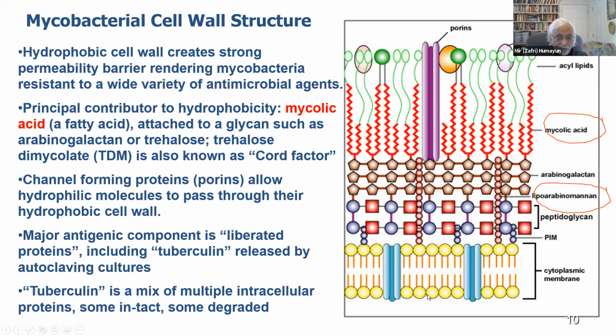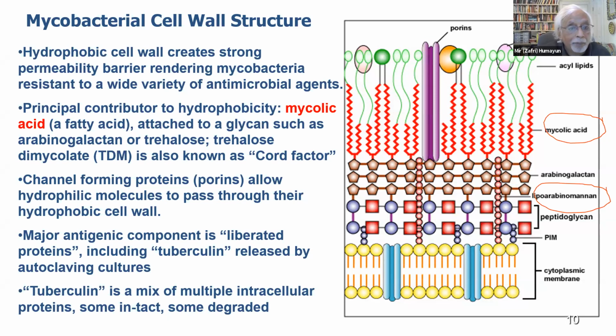Now, in order to survive, the organism has to be able to get nutrients, water, and other essentials back inside the cell. Therefore, there needs to be a mechanism for uptake of small molecules and water.